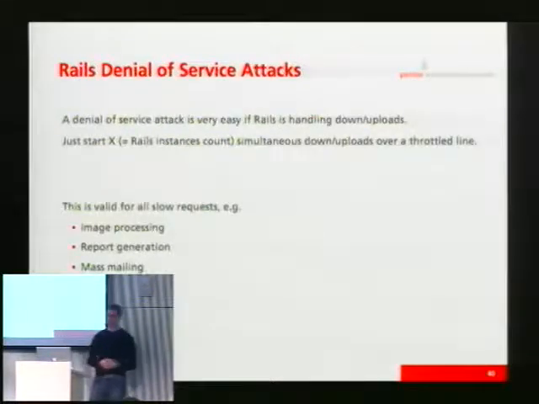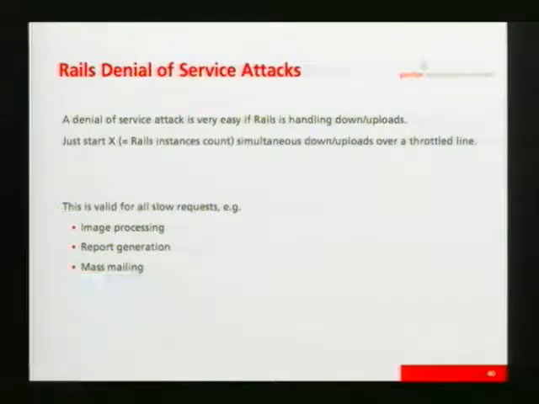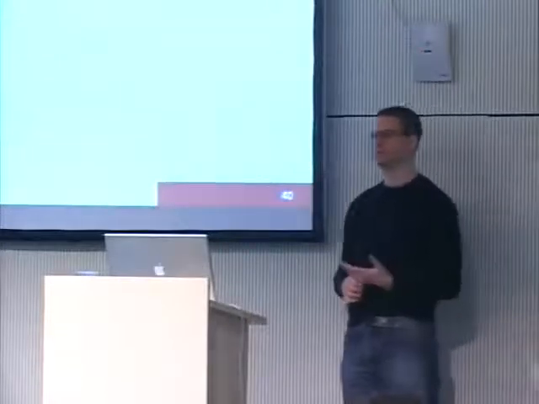If your site ever handles downloads or uploads through Rails, I just have to start X concurrent requests over a throttled line. So if you have like 80 mongrel processes running, I just have to start 80 uploads, and your page is dead, because there are no Rails processes left to handle incoming traffic.